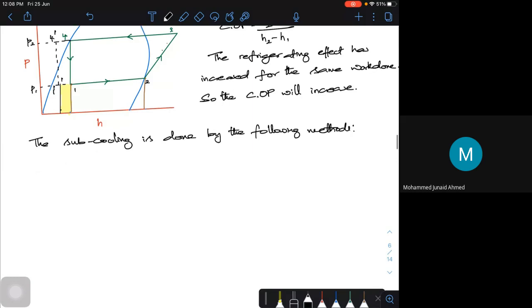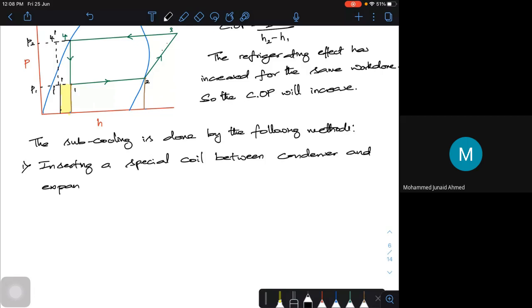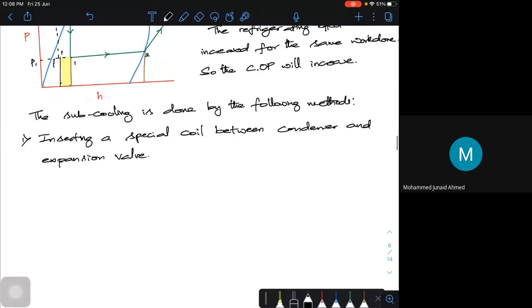The first method is inserting a special coil between the condenser and the expansion valve or expansion device. They put a special coil to cool the refrigerant further. That's one methodology which is commonly used.